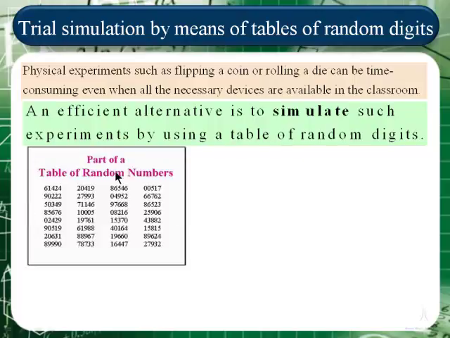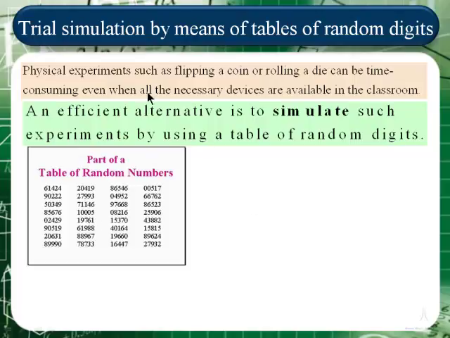Here is an example of such a table of random numbers. Tables like these are freely available on the internet or can easily be generated by making use of the random function available with most computer programs and even calculators.